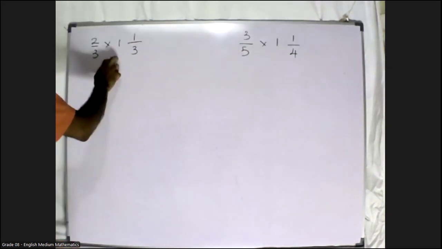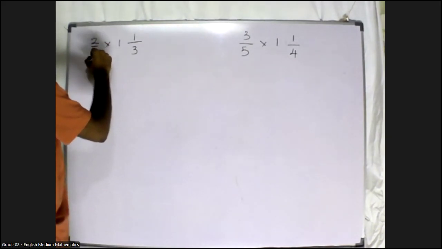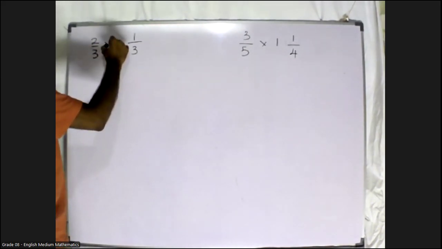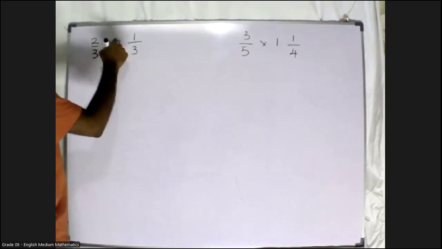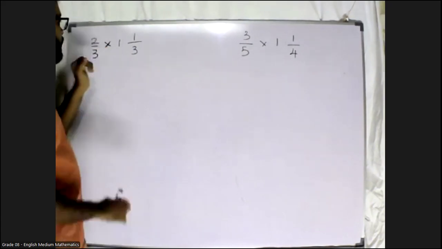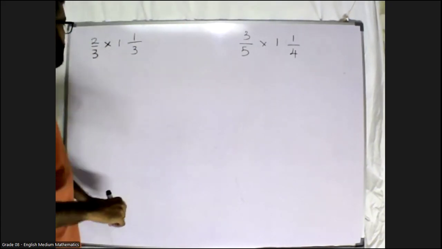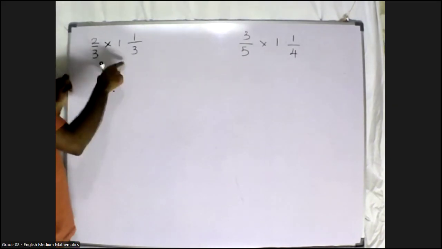So this is the first one: 2 upon 3 times 1 and 1 upon 3. So this is very easy.